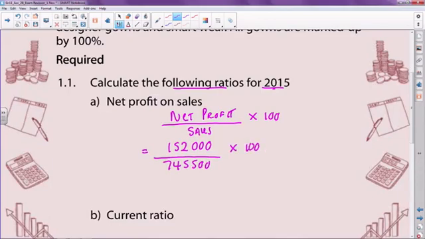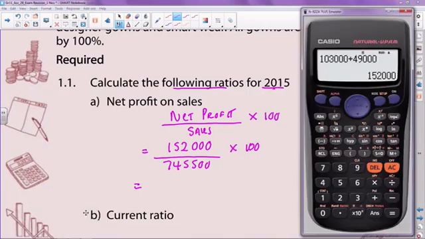Now remember guys, in the exam, show how you got this calculation. Now that I have my figures, it's straightforward for me to calculate. I've got my net profit divided by sales, 745,500. I want this as a percentage, so let's multiply that by 100, and that's going to give us 20,38 or 39%.